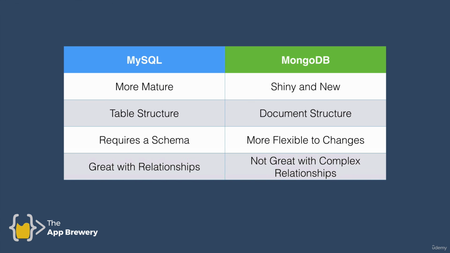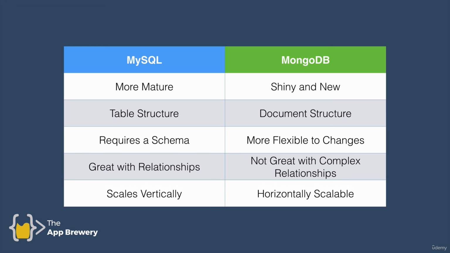Whereas with something like MongoDB, it can manage simple relationships, but it's really not great when those relationships start to get complex. And when you have data in MongoDB that's linked up with complex relationships, the speed and efficiency can quickly go down. The last point, as we mentioned earlier on, is that SQL databases tend to scale vertically. So you tend to need more infrastructure, it's more costly. Whereas with MongoDB and other NoSQL databases, they can scale horizontally and allow for a more distributed structure, which makes it much easier to scale.